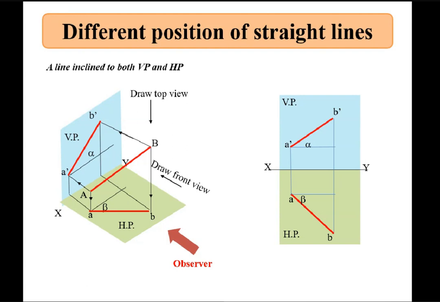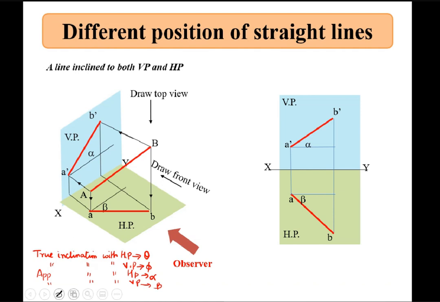Now this alpha and beta. True inclination with HP is denoted by theta, true inclination with VP is denoted by phi, apparent inclination with HP is shown as alpha, apparent inclination with VP is denoted as beta.